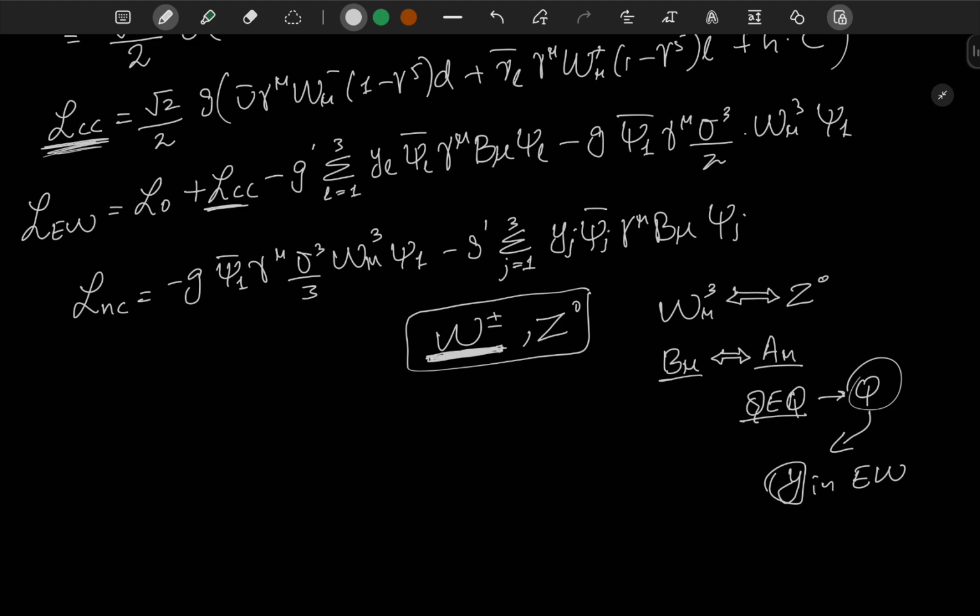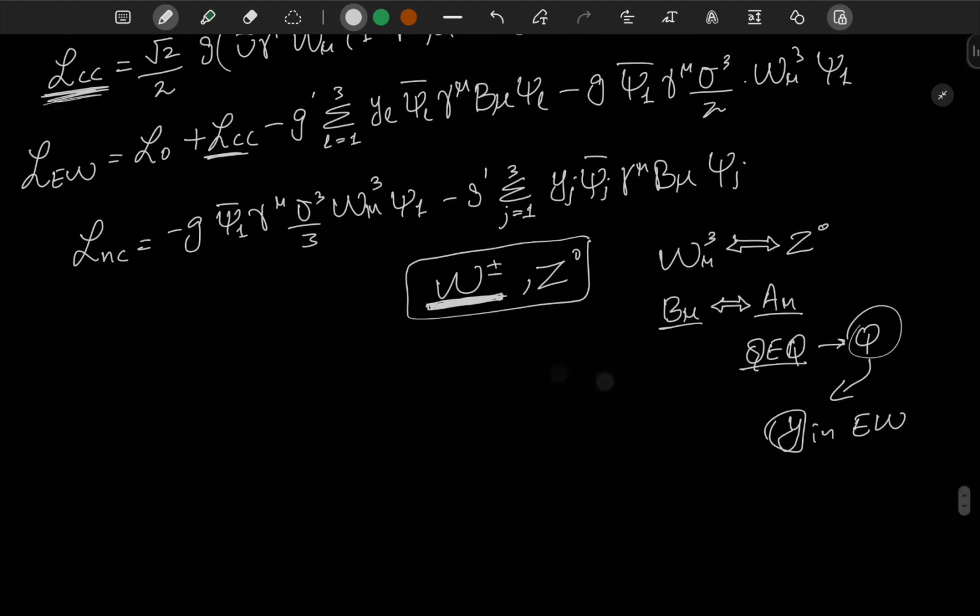And secondly, if we look at A mu, which corresponds to the photon, the boson in case of QED, the photon cannot distinguish between left or right handedness.